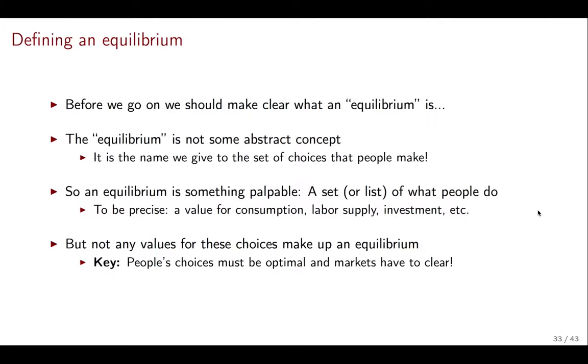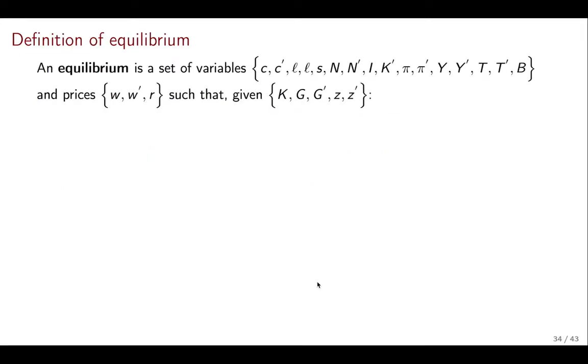Now, not any values can become an equilibrium. The key for a set of values of consumption, labor, investment, etc. to be an equilibrium is that people's choices must be optimal and markets have to clear. So they have to be consistent with the decision-making process of individuals and consistent with market clearing. Let us now define an equilibrium for the economy that we're working with.